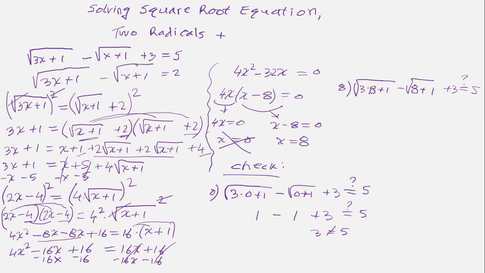So 3 times 8 is 24, plus 1 is 25, so what we have here is square root of 25. 8 plus 1 is 9, so we have a square root of 9, and then plus 3, and then equal to 5. Square root of 25 is 5, square root of 9 is 3, plus 3. Is that equal to 5? Well, 3 minus 3 will go away, so we really have 5 equal to 5. So this means that 8 is the answer.